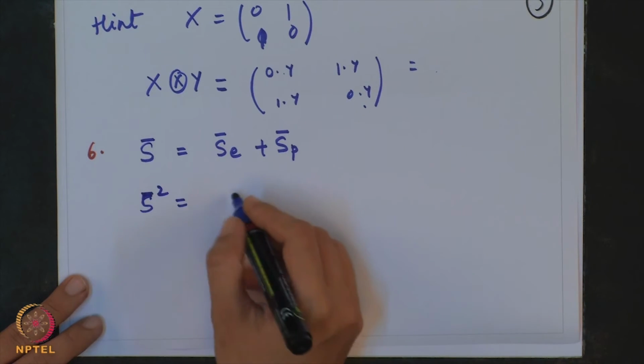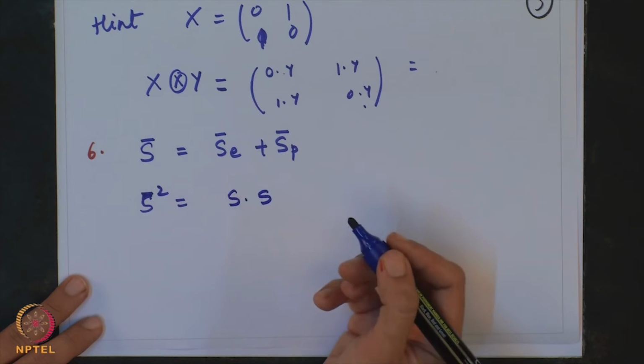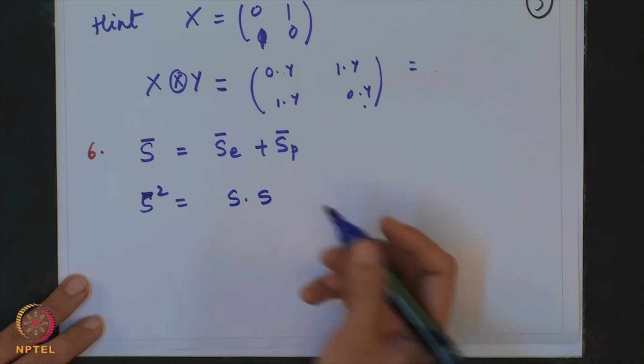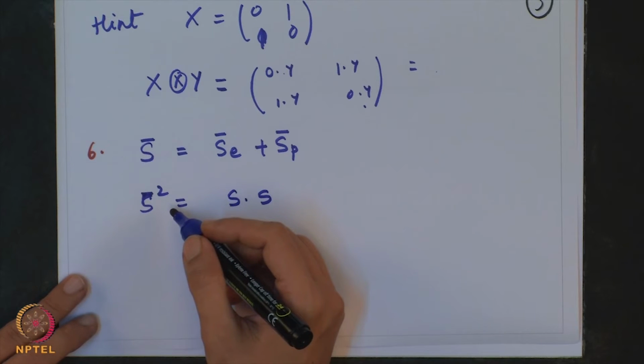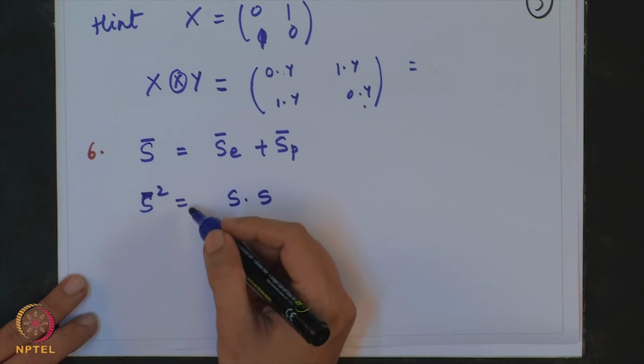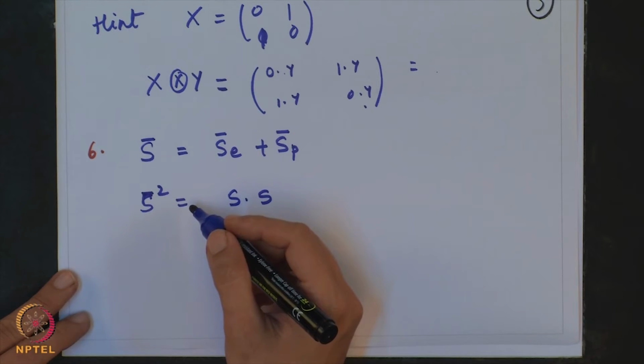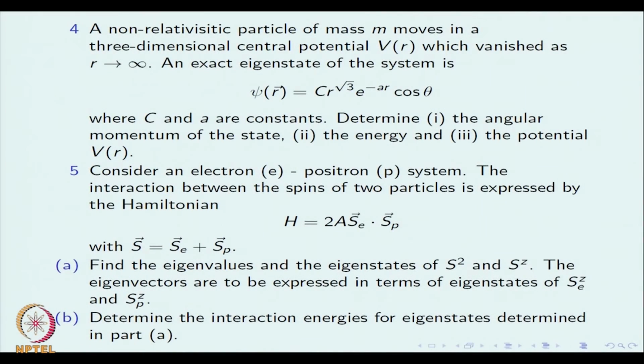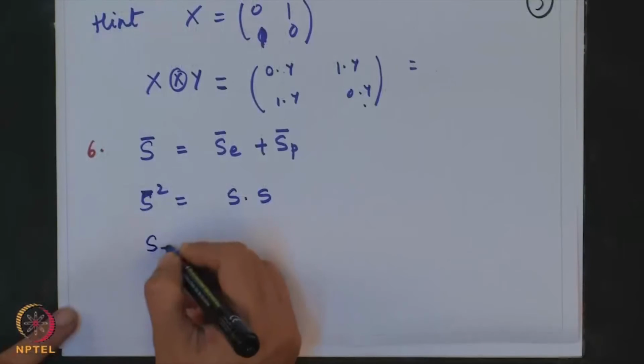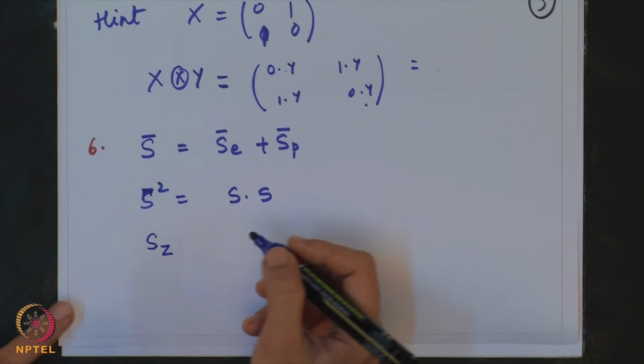Okay, you have to just square this, S dot S. So, in this point you will be able to evaluate this. It is not at all hard, it is very simple. So, once you know, and you already know what is Sz.